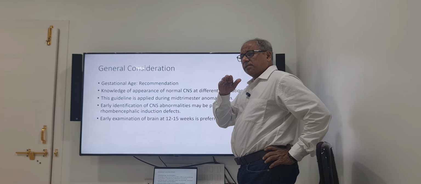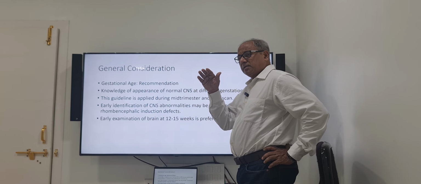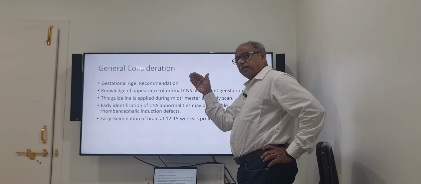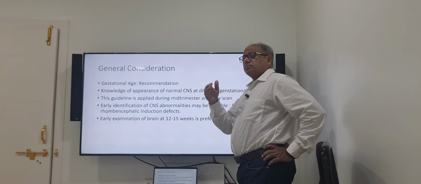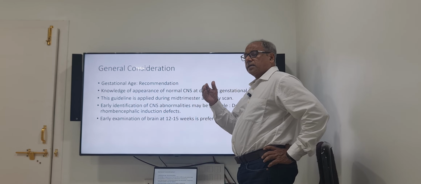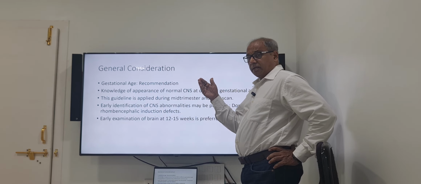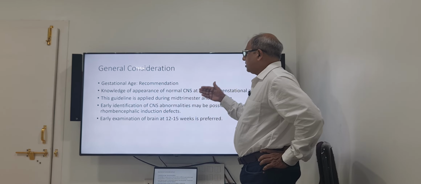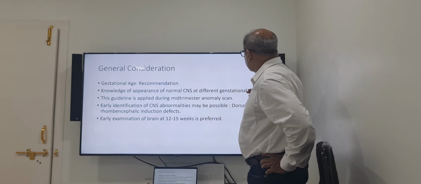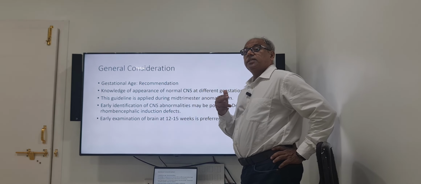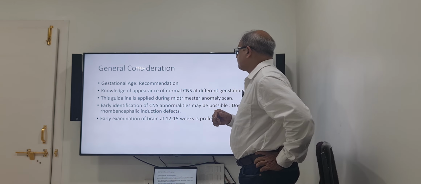In first trimester it might not be there, but later it gets remodeled, and in third trimester again remodeling, and the formation of the communication between fourth ventricle and the cisterna magna, which is common before 19 weeks, should not be after 19 weeks. So we have to have a knowledge of normal CNS at different gestational age. For these things we need to know the embryology, which I will discuss with you.